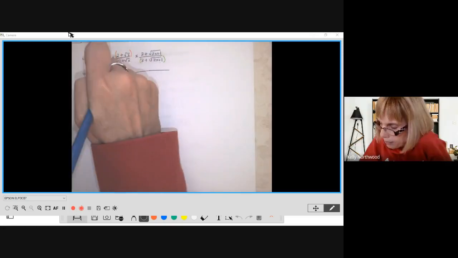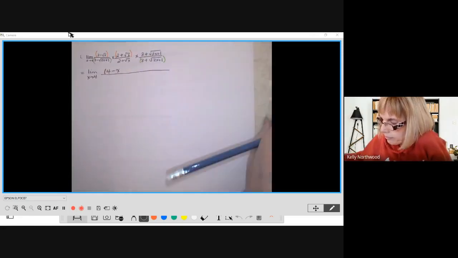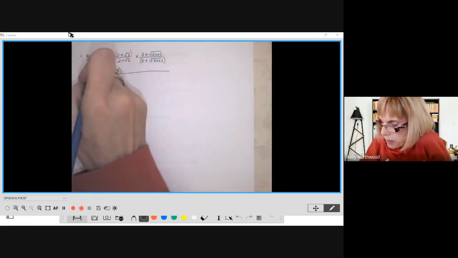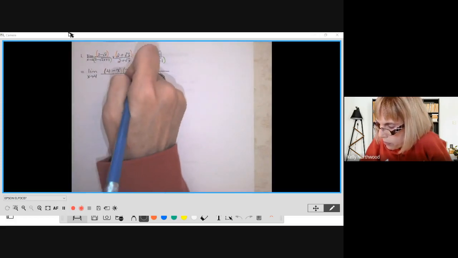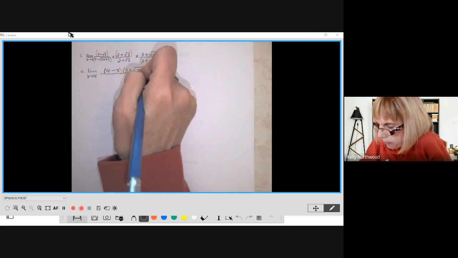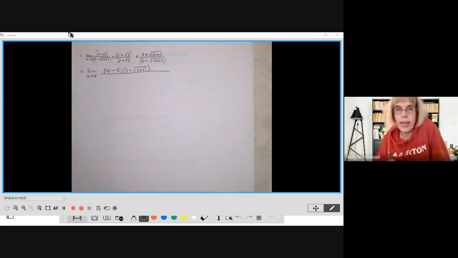Four minus x. Yeah. So if I just multiply these two together, I get 4 minus x, but I'm still multiplying by 3 plus root 2x plus 1. So that's my numerator.